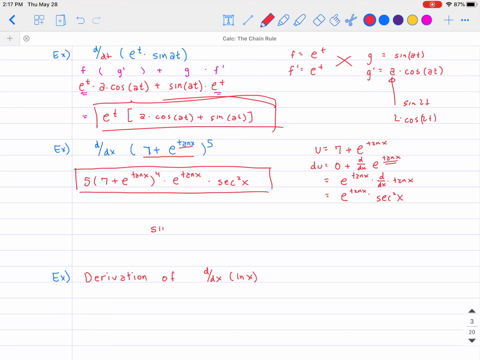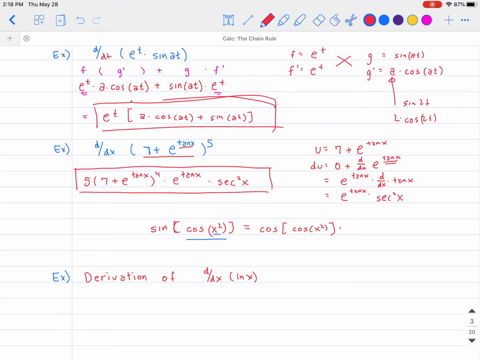So let's say this time I have sine of, I don't know, how about sine of cosine of x squared. Okay, so this is just something I'm going to make up on the side. The derivative, so here's what I'm going to do first. I'm going to underline the inner functions again. So here's one part, and then here's the second part. So that tells me that I need to do the chain rule twice. So for the first part, my derivative of the outside function is going to be cosine, right? And it's going to be the cosine of what we have inside.